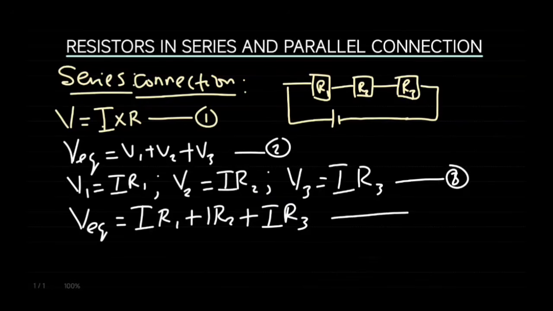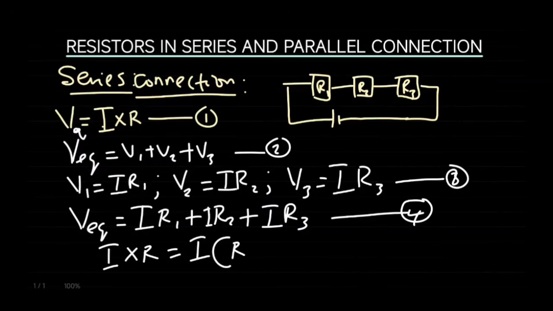What's common in this equation 4 now? We have the I, which is the current, common in equation 4. So I'm going to be factoring out the I. Recall that my V equivalent is equal to I times R, which is equal to I outside, then R1 plus R2 plus R3.